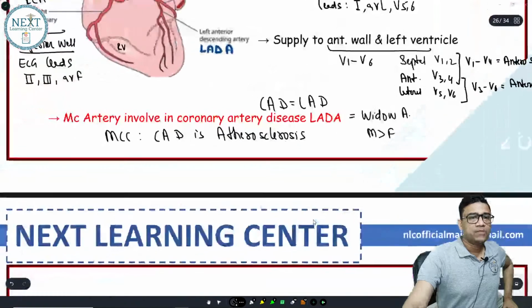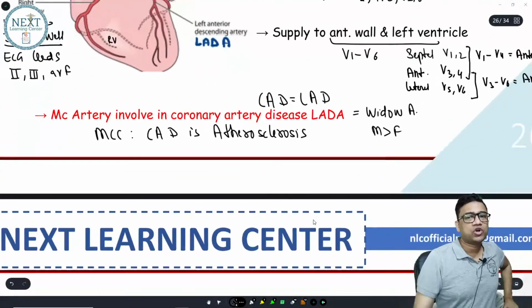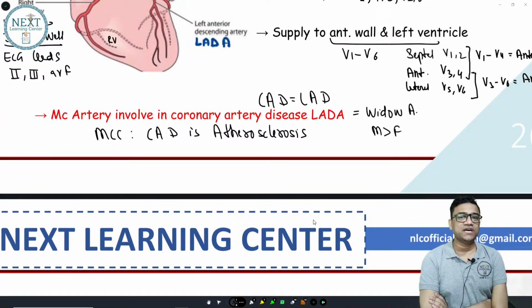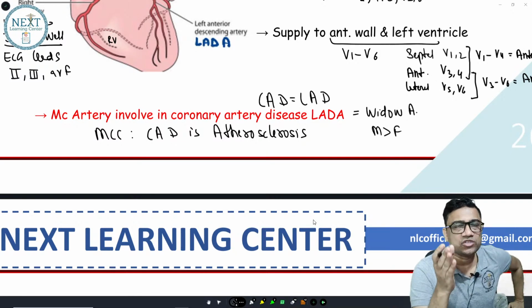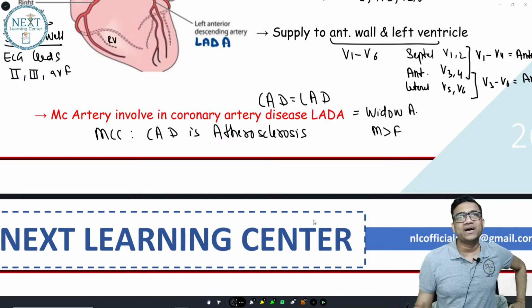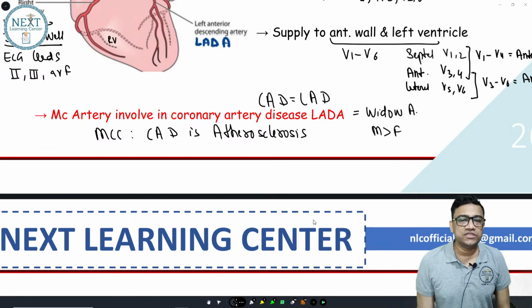The most common artery which is involved in our coronary artery disease is our LADA. What is LADA? Left anterior descending. That is why इसे कहते हैं widow's artery. Why? Because males are affected most commonly by coronary artery disease, which is caused by atherosclerosis, and atherosclerosis caused by poor unhealthy lifestyle. तो जिंदगी झंडवा फिर भी घमंडवा, वही जिंदगी झंडवा है.